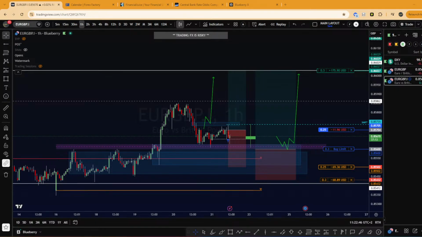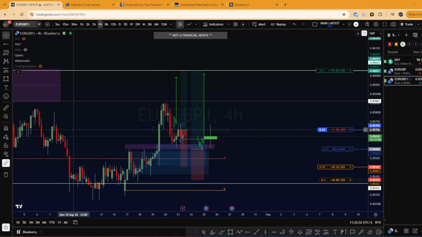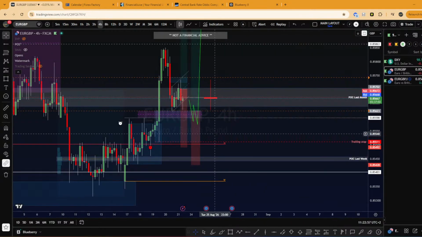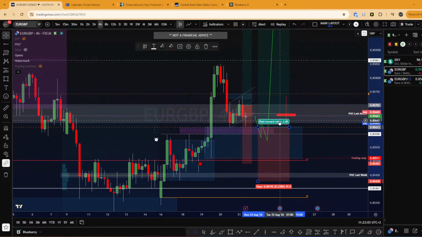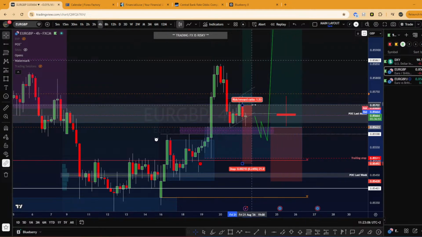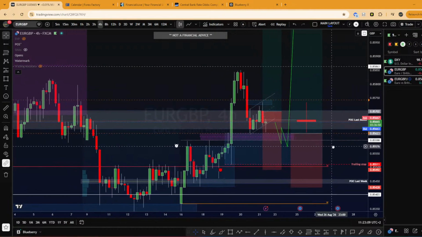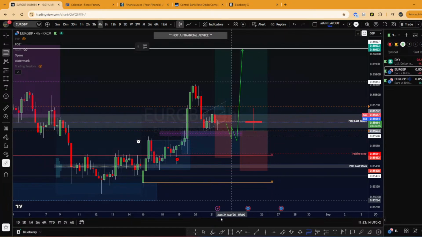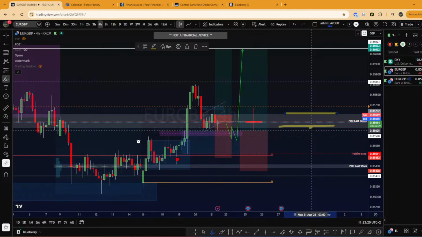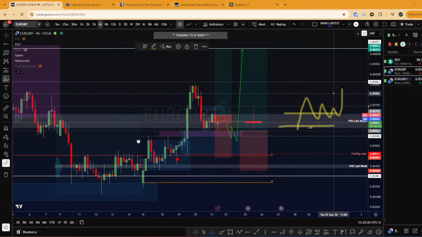So 4 hour, what do we have? So that's it. This is what I want to see for the next week, a swing position in case price decides to retrace even lower, because I just think that this gray zone is perfect, could act as a nice support becoming resistance. So holding above here will be very interesting.